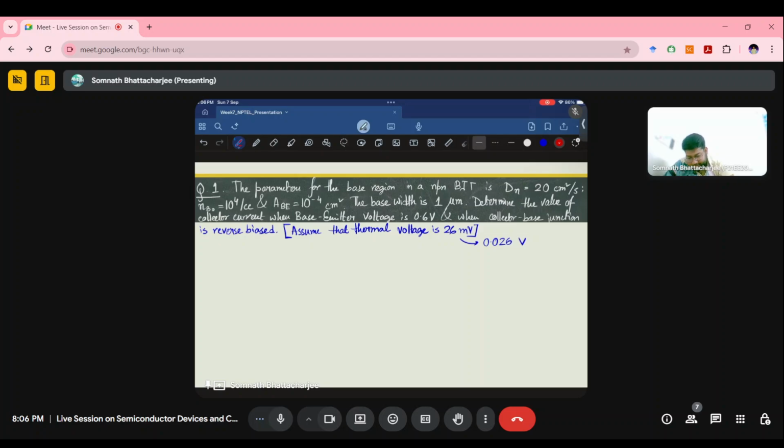In the case of a base collector reverse biased junction, the value of the collector current, that is IC, is nothing but Q ABE, the area, divided by XB, the depletion width, times NI square by NAB, times Dn, times exponential of QVBE by KT minus 1.